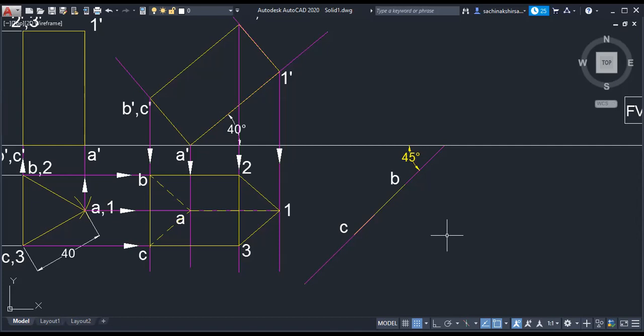Okay. What is the length of side BC? 40. So it is 40. Just we are giving inclination, nothing else.